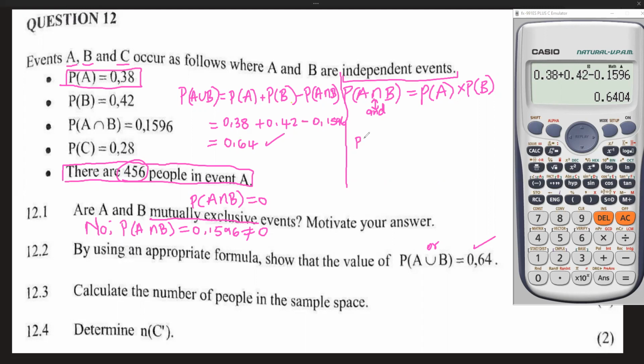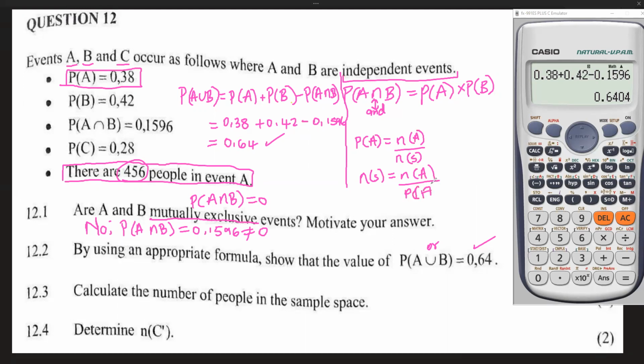Remember, the formula is this: P of event A is the same as the number of people in event A divided by the total number of people in the sample space, which is what we're looking for. Right. So I can always switch these things around. The n(S) can go there, the P(A) can come in. So n(S) will be the same as n(A) over P(A).